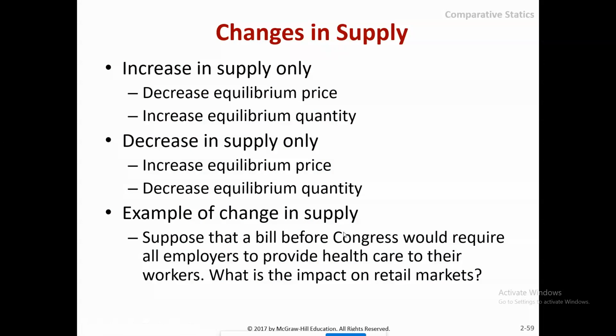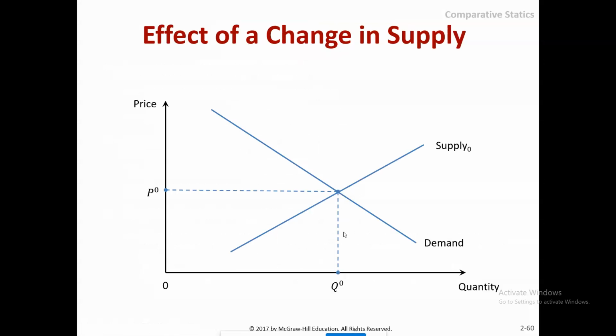An example would be, suppose that a bill before Congress would require all employers to provide health care to their workers. Providing health care means it's more costly to hire the same number of workers. More cost is a negative shock, so supply decreases, or they pass their higher cost onto final consumers.